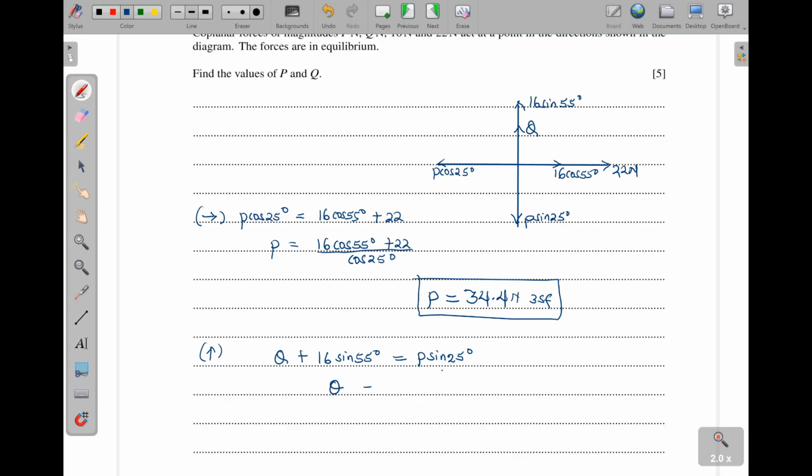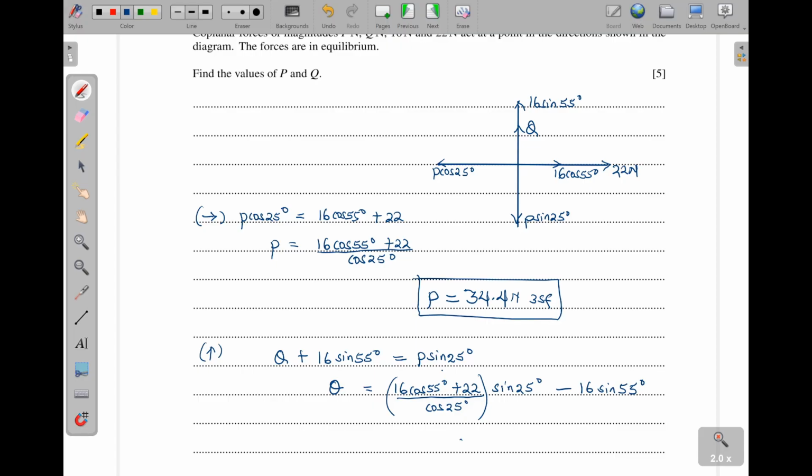So Q is going to be equal to P, which is 16 cos of 55 degrees plus 22, divided by cosine of 25. I like using these exact values rather than the rounded figure. So that is P times the sine of 25 degrees, then we subtract 16 sine of 55.